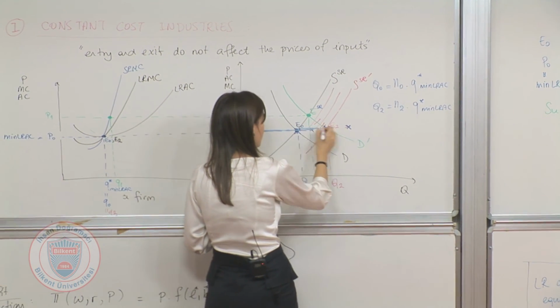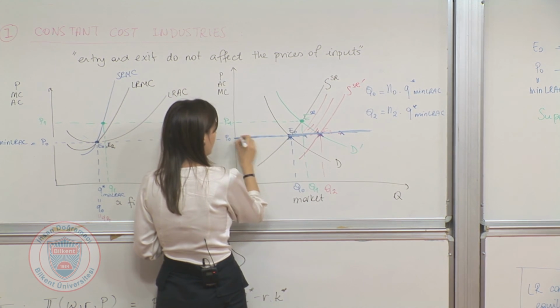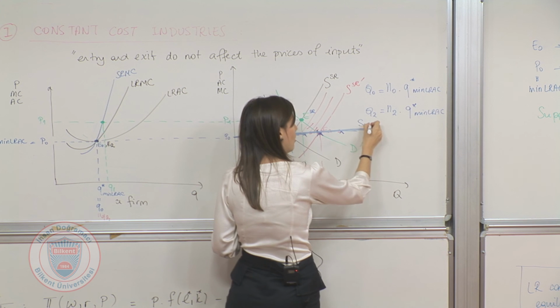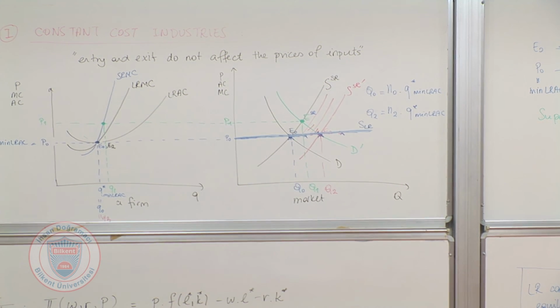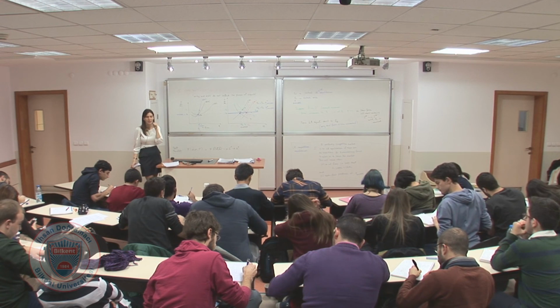Now I'm keeping my promise, right? So you collect all these points. This guy is supply long run, okay? This is the long run supply curve of a perfectly competitive firm, of a price-taking firm. You see, what is this?